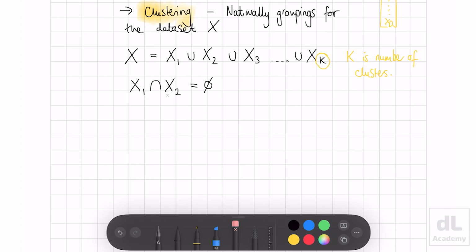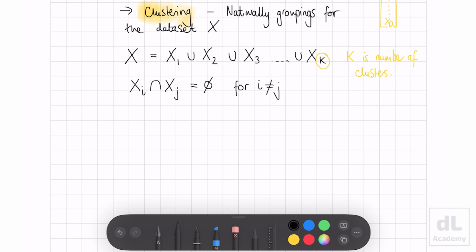No common element. So x1 and x2 don't overlap, x1 and x3 don't overlap, actually any pair don't overlap. If I get rid of these indices, we write xi intersect xj equals empty, for i not equal to j.